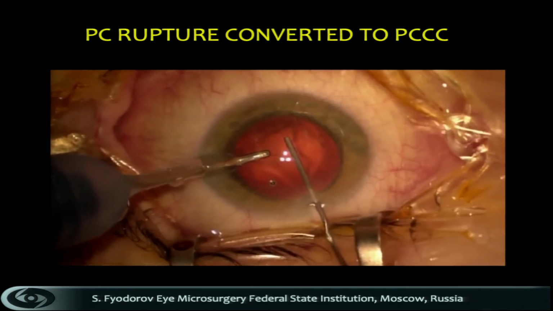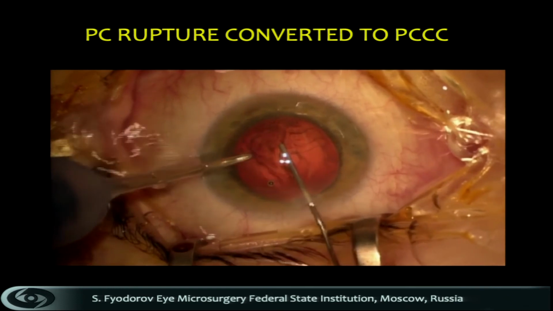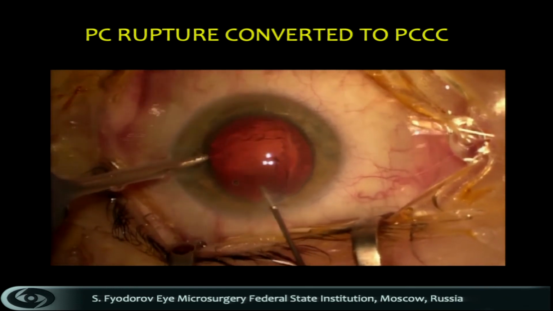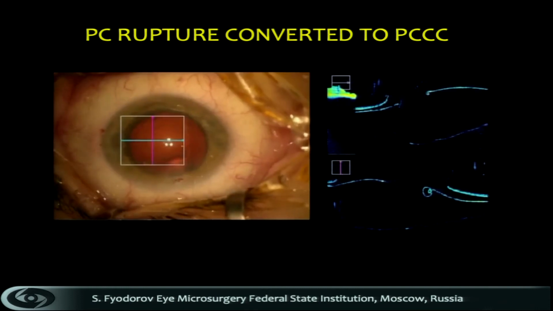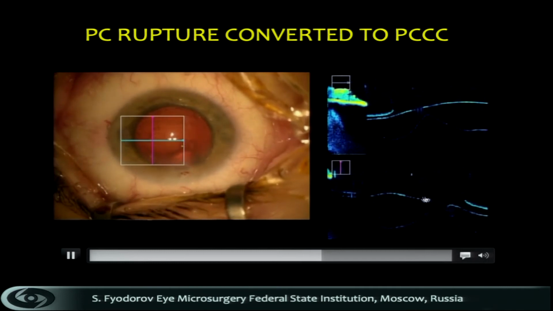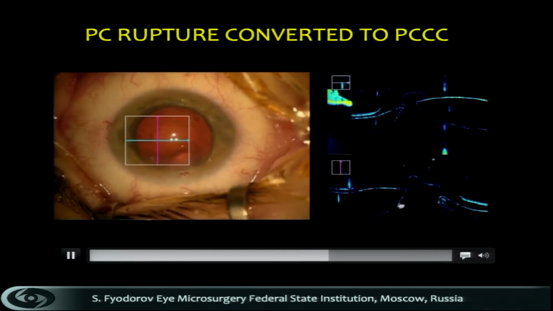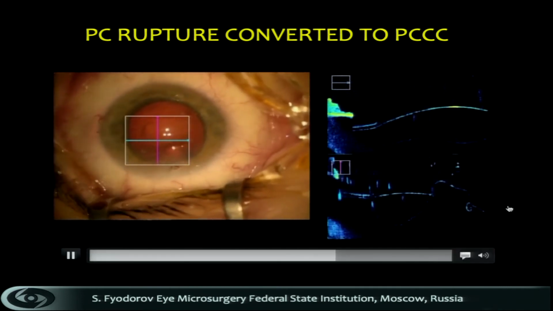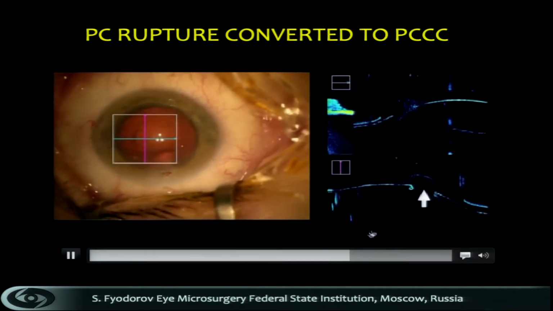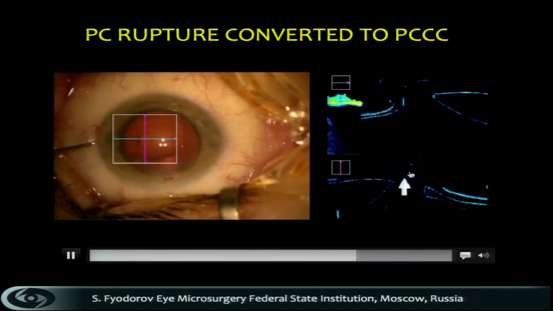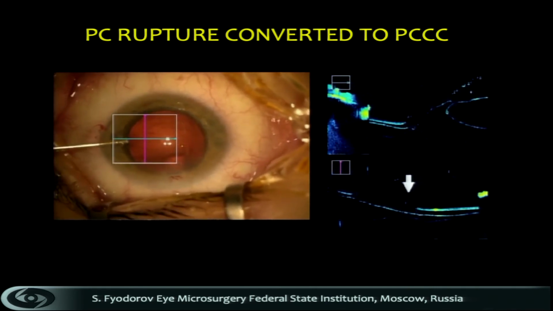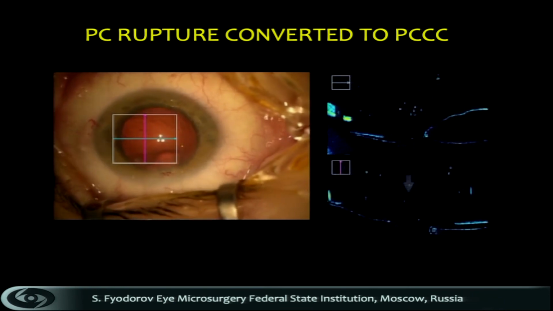During cortical cleanup, the capsule was aspirated, and of course we need to avoid anterior prolapse of the vitreous. We can actually see this hole in the posterior capsule, and sometimes even vitreous herniation can be observed on anterior segment OCT, because the vitreous goes out and prolapses through that hole.